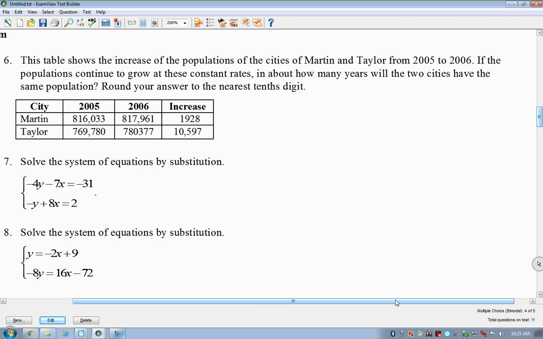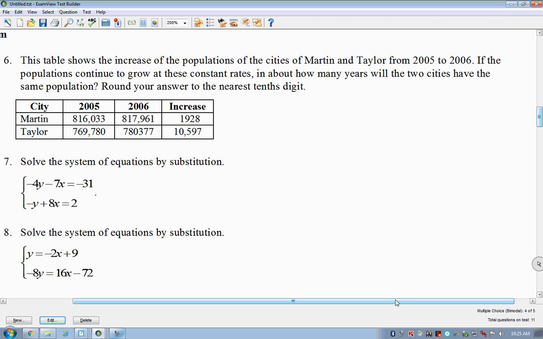This table shows the increase of the populations of the cities of Martin and Taylor from 2005 to 2006. If the population continues to grow at these rates, in about how many years will the two cities have the same population? That means where are the lines going to cross? Round your answer to the nearest 10th.